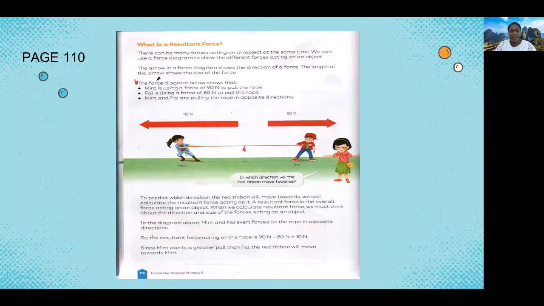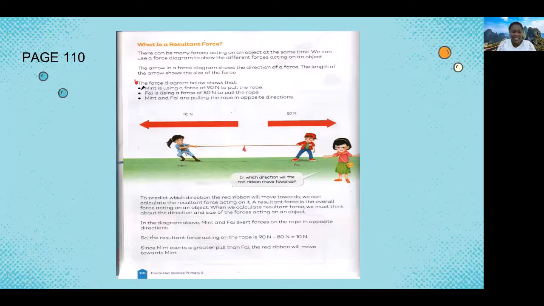Can you see my screen, students? I'm waiting for Kangi to read this statement that I've marked here, the force diagram. Where is Kangi?